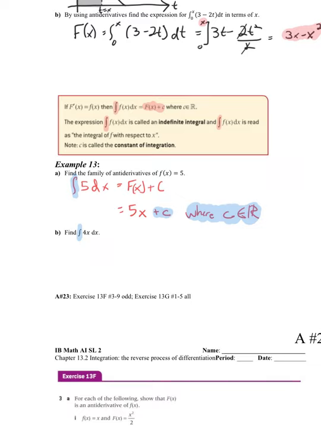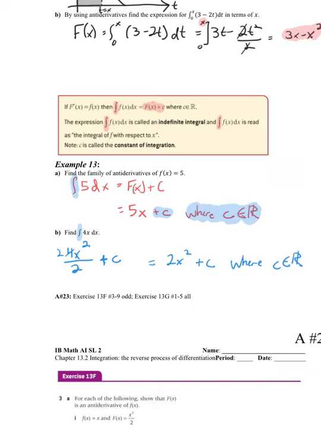The last one here says find the integral of 4x. So you do 4x squared divided by 2 plus c. And then simplify. So 4 divided by 2 is 2. So you're going to get something like 2x squared plus c, where c is an element of all real numbers.